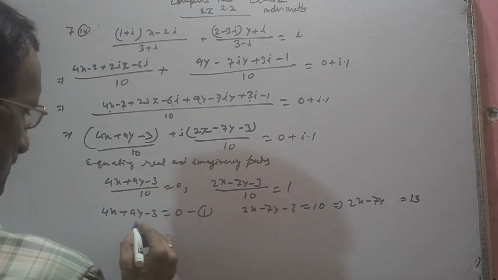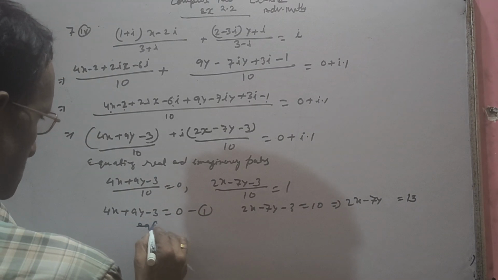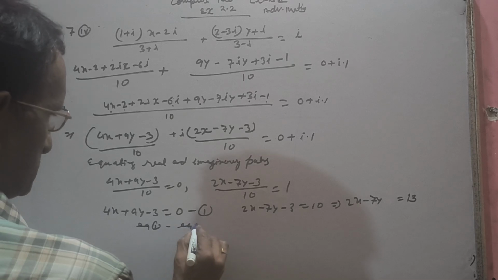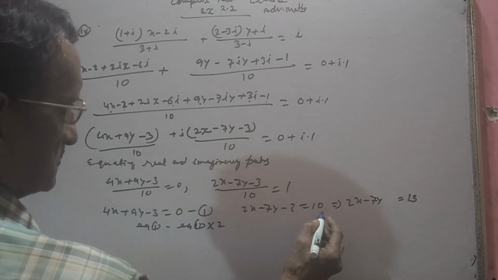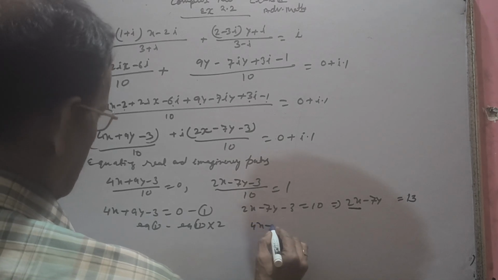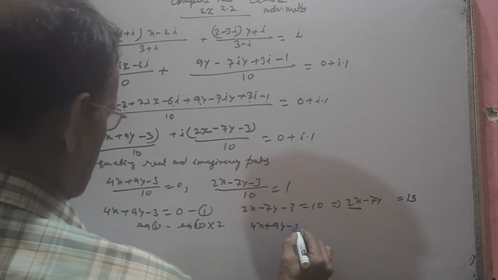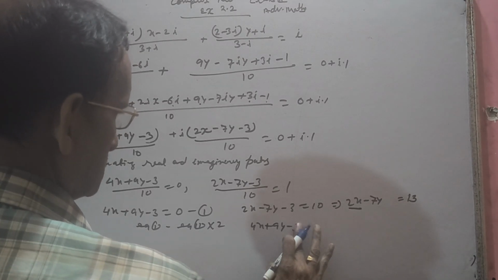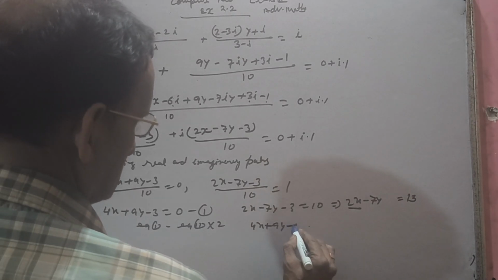Now see, we will solve. Equation 1 minus equation 2 into 2, because you want to make the x coefficient equal to 4. Equation 1: 4x plus 9y equal to 3.